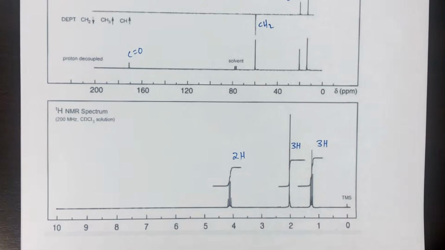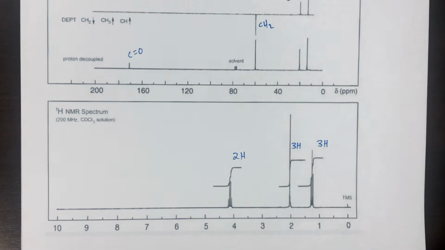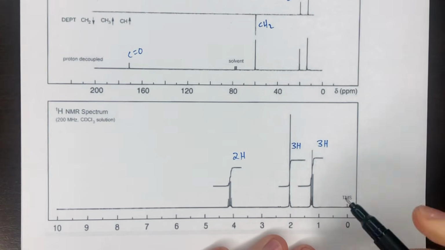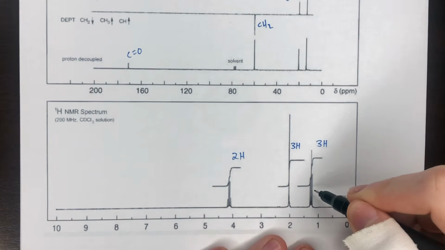So again, like I did before in the previous question, I'm just providing the number of hydrogens at each signal without actually doing the measuring to determine how many there are. So with that, let's look at this signal here. At around 1.2, I'd say, this 3 hydrogen signal is split into a triplet.